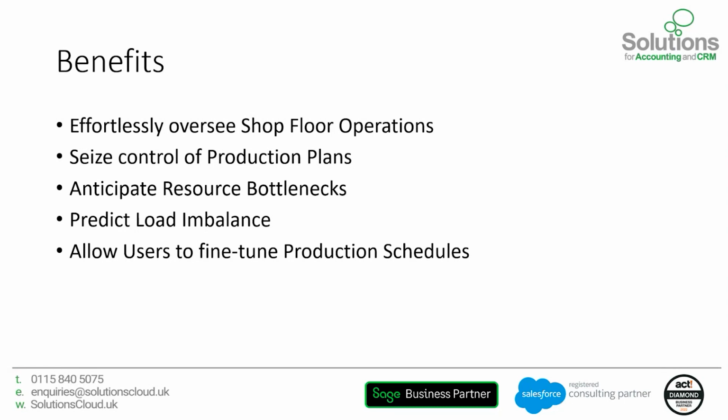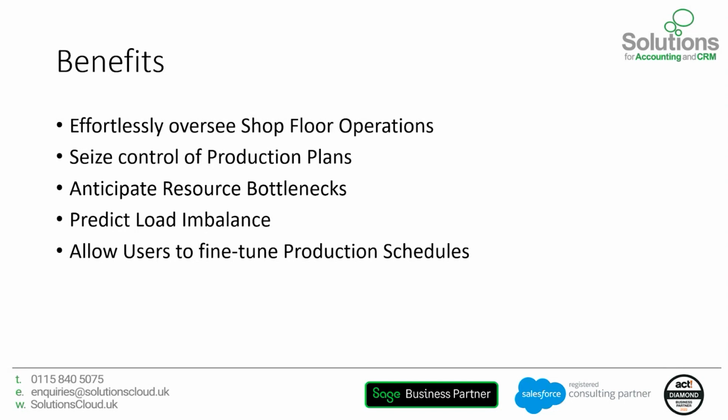The other thing is it allows users to easily see what their production plans are and to make adjustments to fine tune those easily. So allowing the system to easily identify where there might be bottlenecks, with the same resources being needed to perform the same operations simultaneously, which isn't possible.